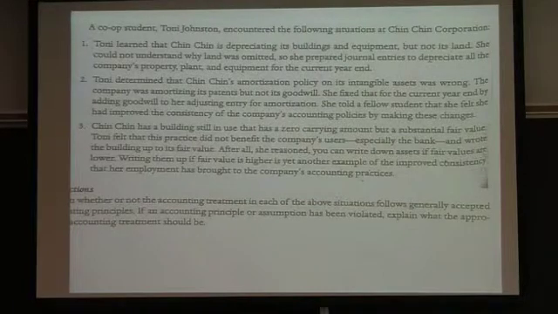The idea is we need to reflect the associated cost of using that asset. Using that asset helps us generate revenue or some sort of benefit to generate revenue, so we need to reflect the associated cost of that. That's what depreciation is.